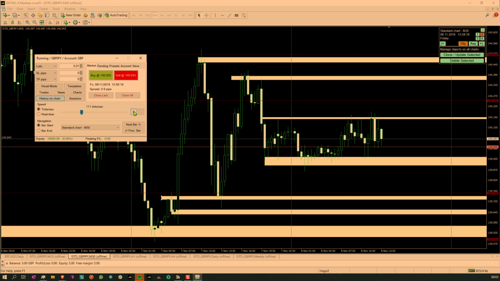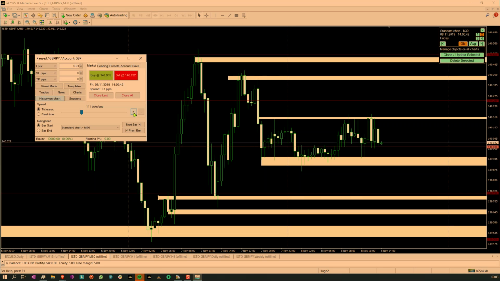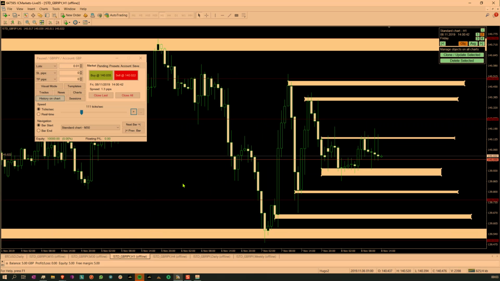Okay, hourly close. Let's see. Oh, good rejections in the hourly. It doesn't seem to want to go bearish. It's like 5 bearish candles in a row. It should break down instead of going up, but let's see.